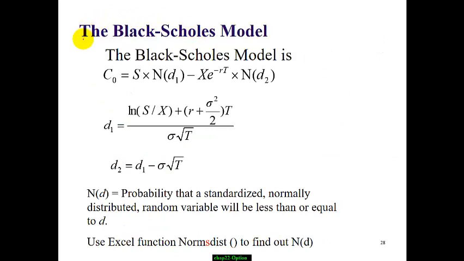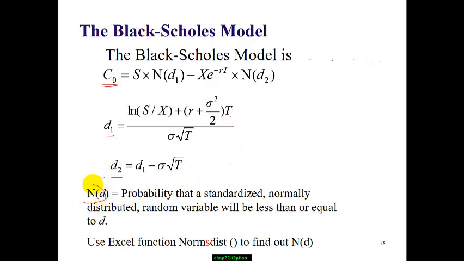Lastly, let's discuss the Black-Scholes model in detail. The Black-Scholes model is again based on the European call option. It's not an American option, so you only exercise on the expiration date. The call option is based on the 5 inputs, and we first figure out D1 and D2 according to the formula.